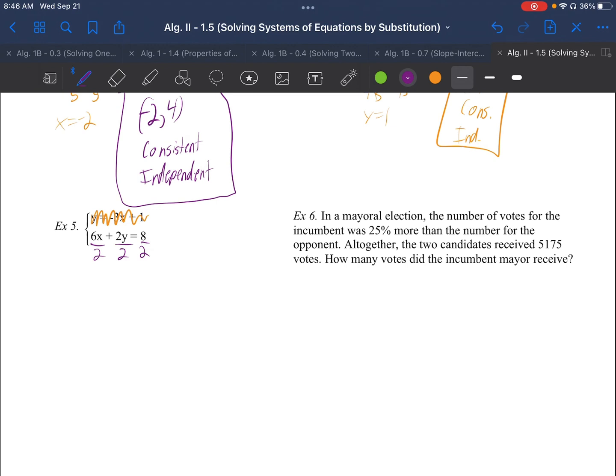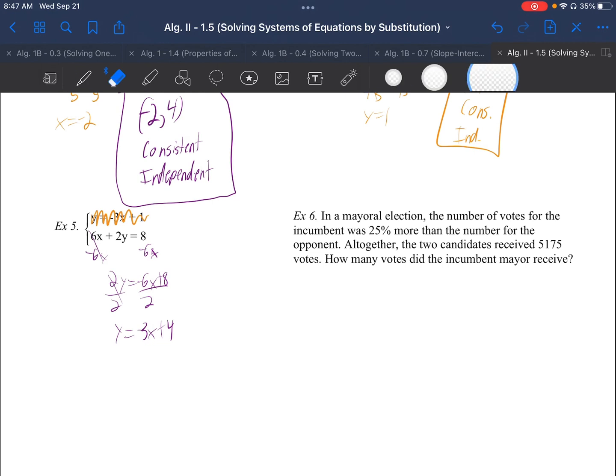I would much rather divide each of those numbers by 2, which would happen if I solve for this y, because I would subtract the 6x, and then I divide by 2. So it still has to divide, but there's no fractions, so it's not too bad.